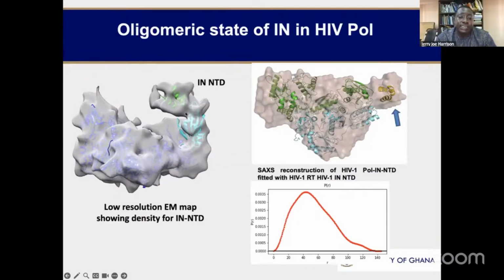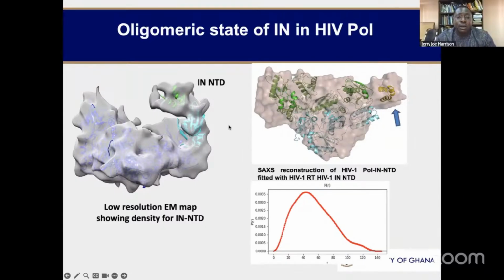So from the P6, you could clearly see the NTD domain of one of those integrase units protruding over there. Using small angle X-ray scattering, we could also confirm that this is likely the NTD of the integrase of one of those domains.